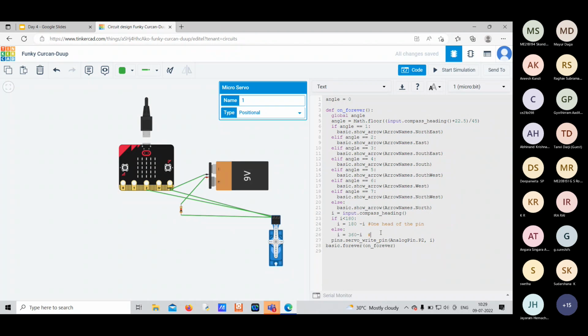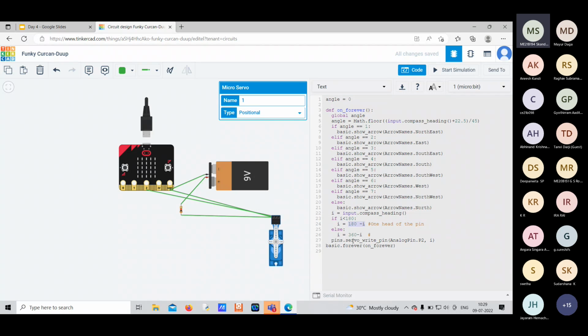So in the i less than 180 range, this pin will point in the right direction as the compass. And if I don't write this part of the code, the pin will stop functioning because it can't go to values greater than 180. This was given as 180 minus i because we wanted it to go in the opposite direction as the direction it was accounted for.